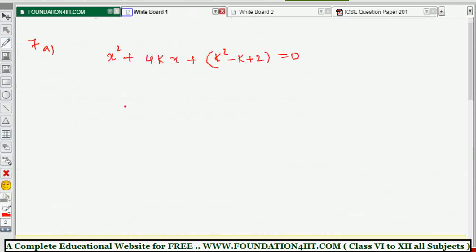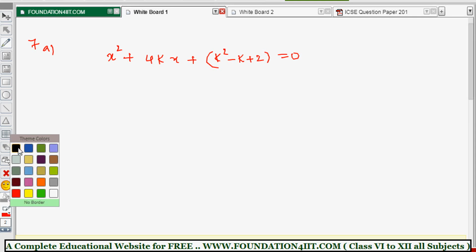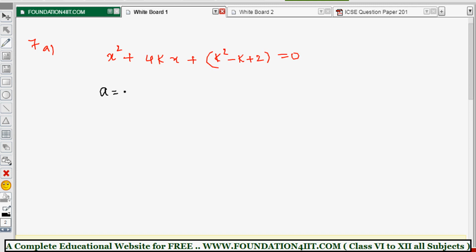Whenever the roots are equal, we need to apply b² − 4ac = 0. According to the equation, a is equal to 1 because of the x² coefficient, and b is the x coefficient, that is 4k, and c is k² − k + 2, so the complete constant.